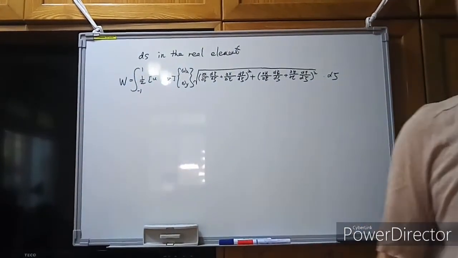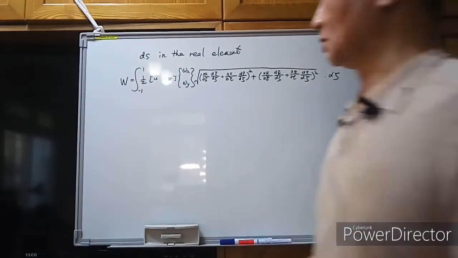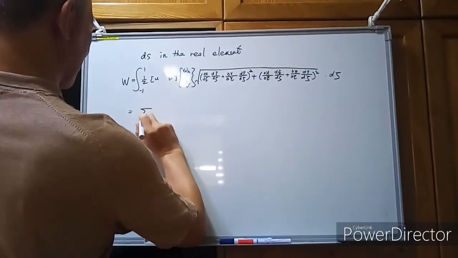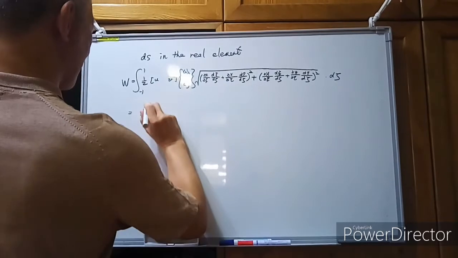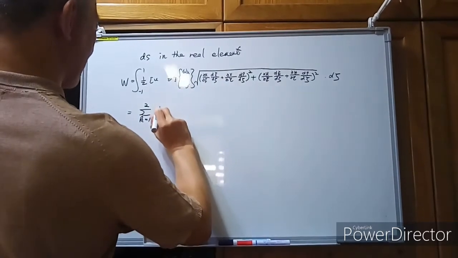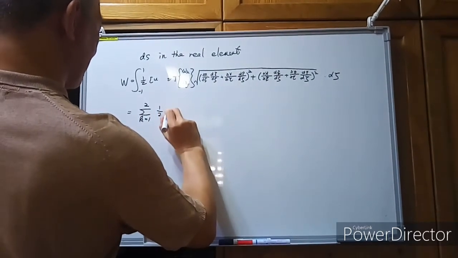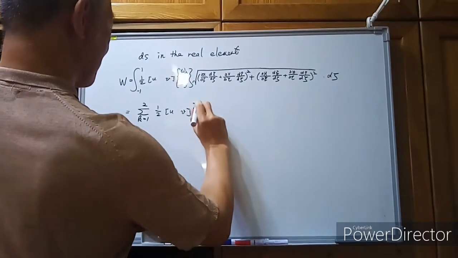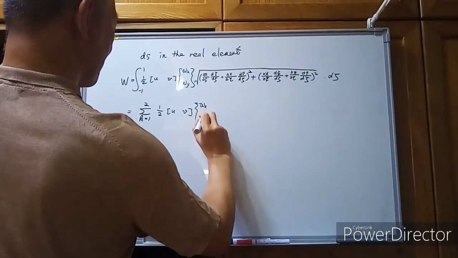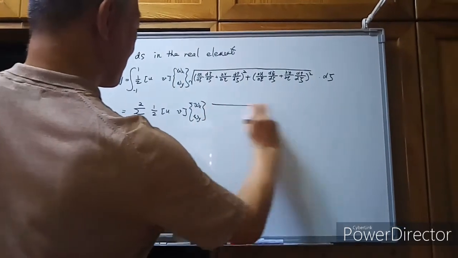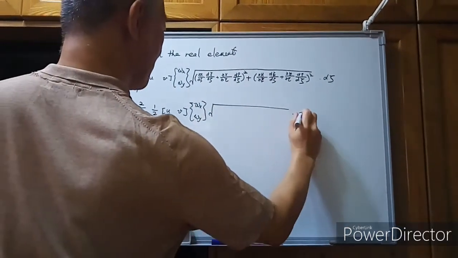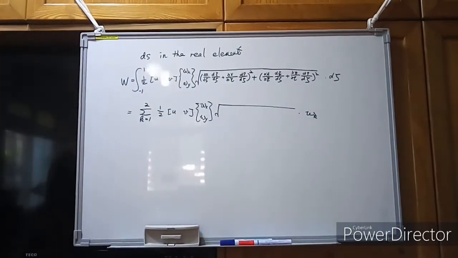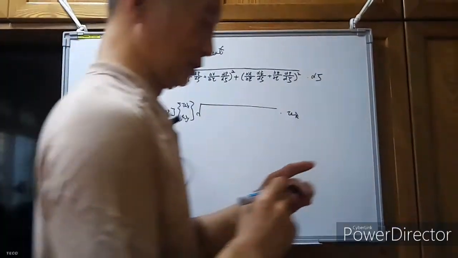We can use the numerical integration. So if we use the numerical integrations, okay, the WK means the weight of the integration points.